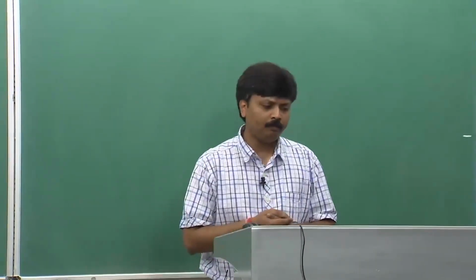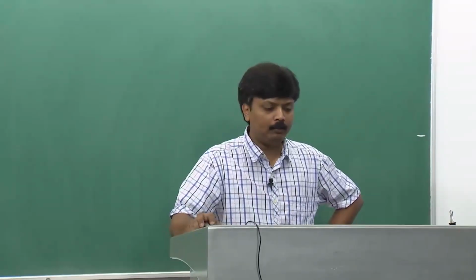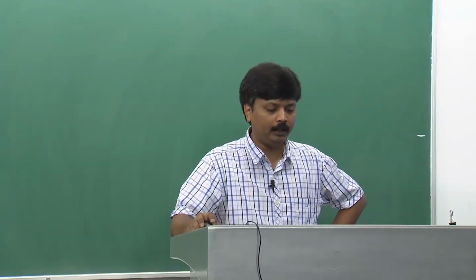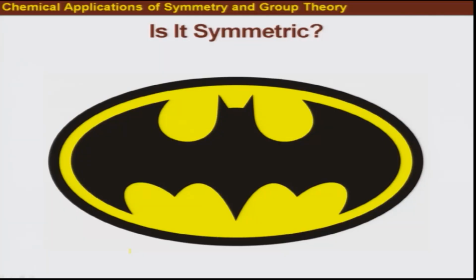Let's have a look at some of the other structures that we can think of. You obviously know this one, the famous symbol in the Batman movies. This is a picture of a bat, seemingly. Looking at this, you can say there is some sort of symmetry. Why?